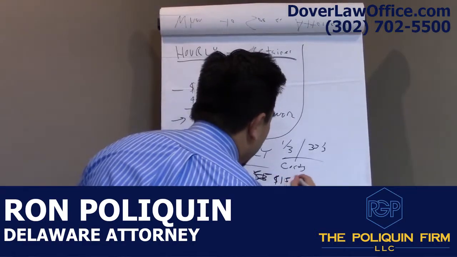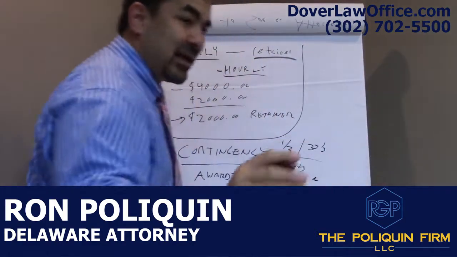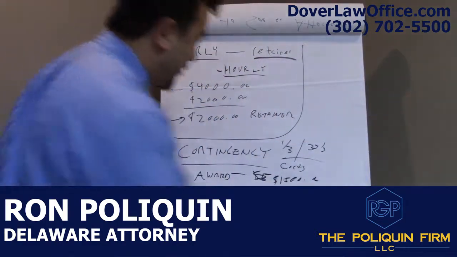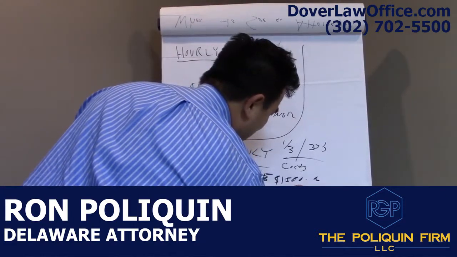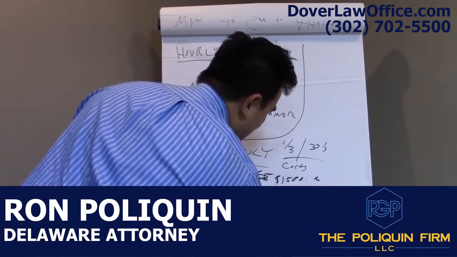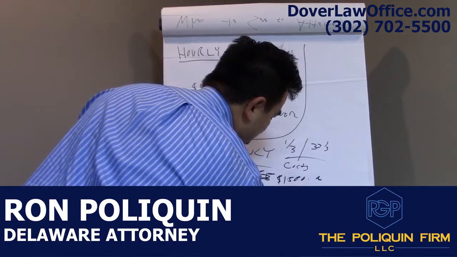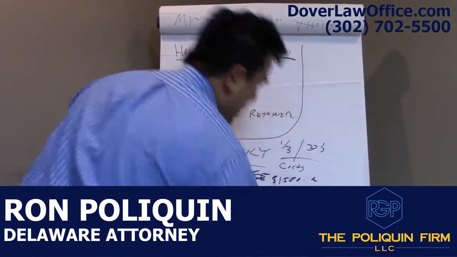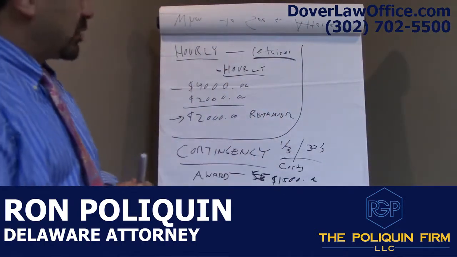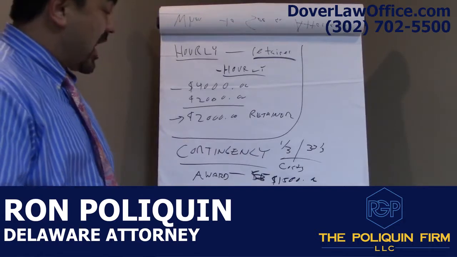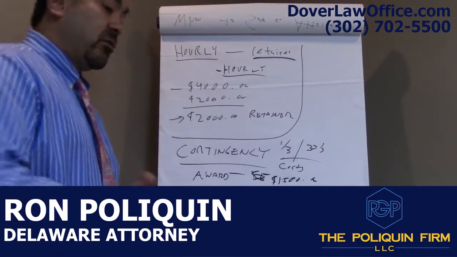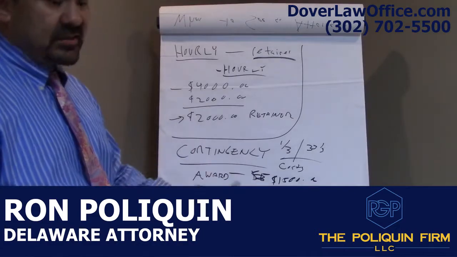I know, this is bad handwriting, it's all messy. I think that's close to 5,000, but it might be 495 minus $500 in cost. And whatever that would have come to, that's ultimately what the client would get at the end of the day. Now, if the attorney recovers nothing, then he gets nothing.